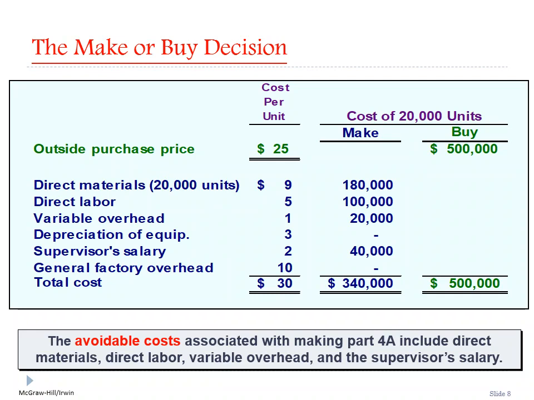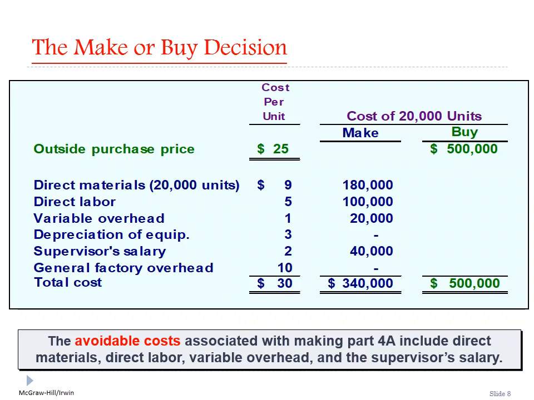It says here at the bottom of the slide, the avoidable costs associated with making part 4A include direct materials, direct labor, variable overhead, and the supervisor's salary. So here we are depending on the avoidable costs.